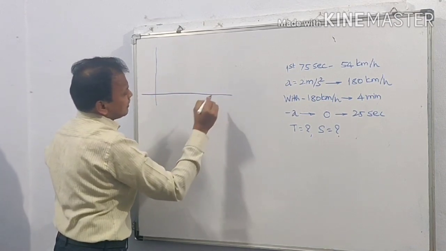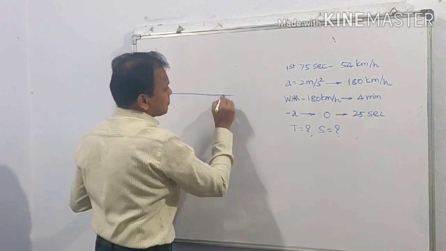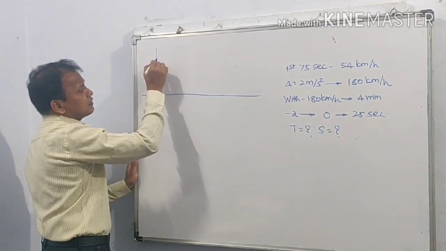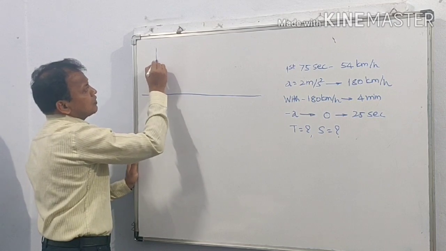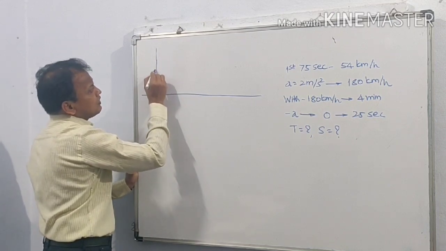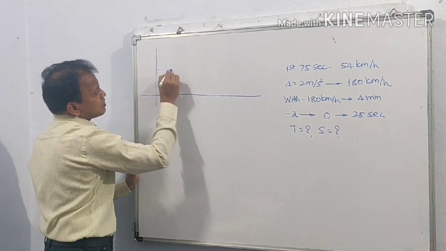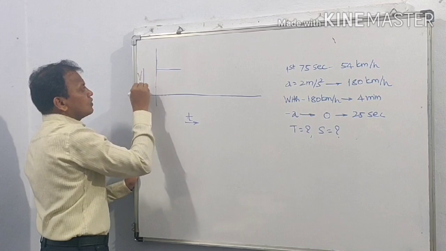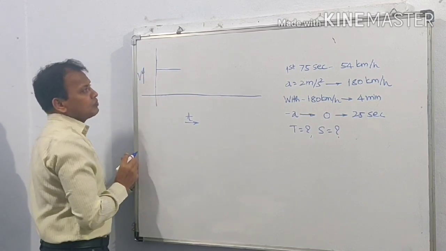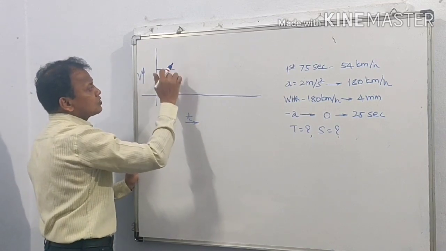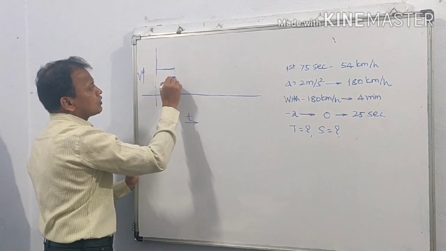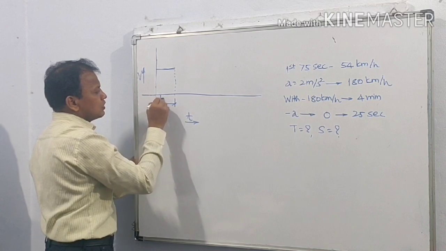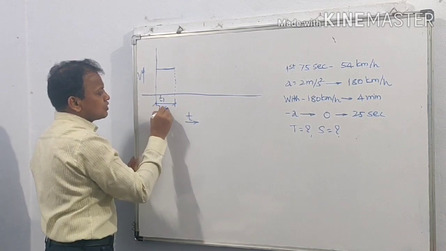Y-axis and x-axis. Initially, as we are starting counting time, here 0. For first 75 seconds, here it is time, here it is velocity. For first 75 seconds, here it is T1, 75 seconds.